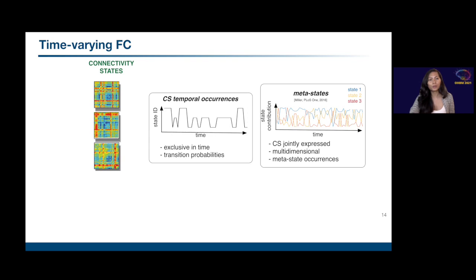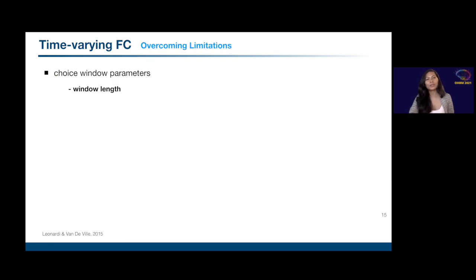So far, I've told you that sliding window analysis is the most popular method used in time-varying functional connectivity studies. However, even though it's the most popular, it suffers from severe caveats and limitations. The most common and most apparent one is the choice of the window parameters.